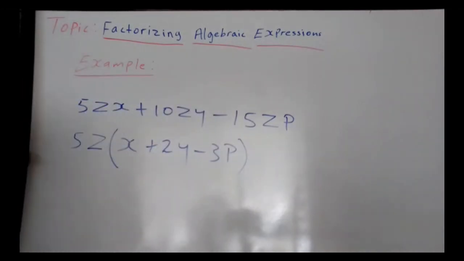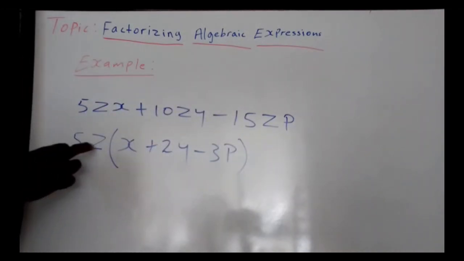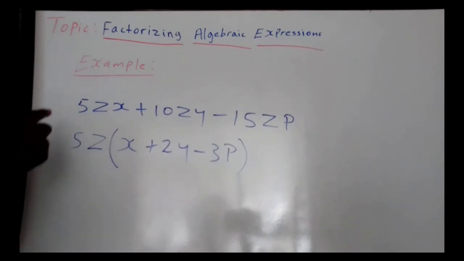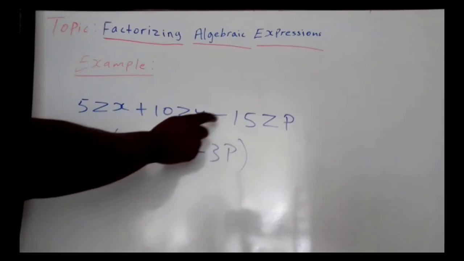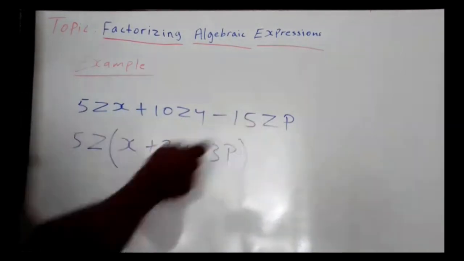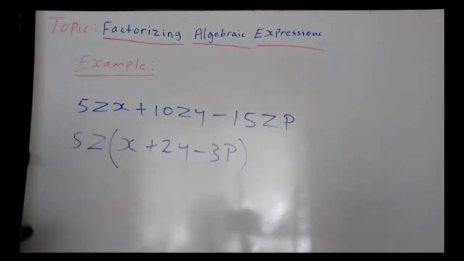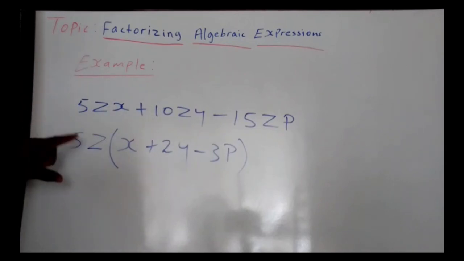Therefore, 5z is common to 5zx, 10zy, and 15zp. Therefore, we have 5z outside the bracket. And if you look closely, you realize that we basically work the distributive law backwards to factorize.